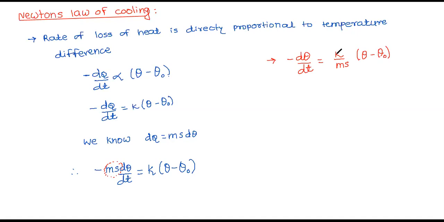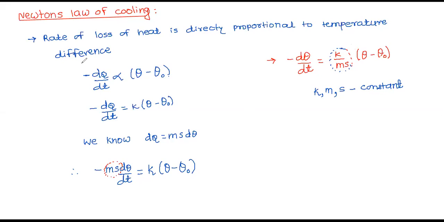Now see here, k is constant, m is constant, s is also constant. All are constant. m is what? Mass. s is what? Specific heat capacity, constant. Therefore, can I substitute at this place another constant, that is big K? Another big constant.